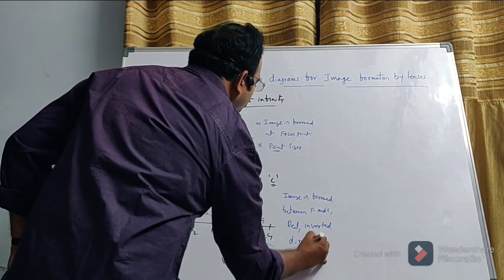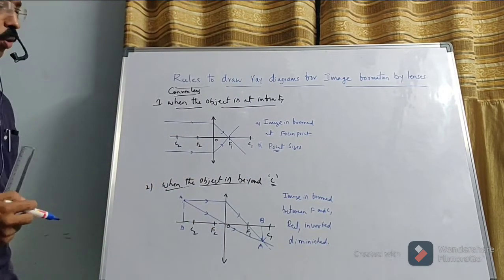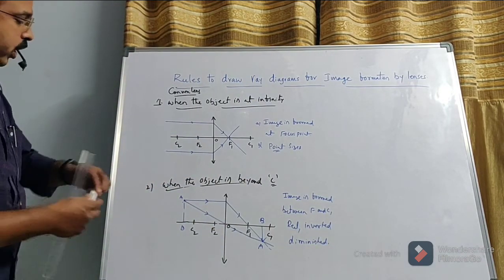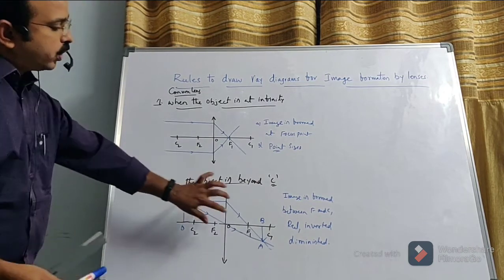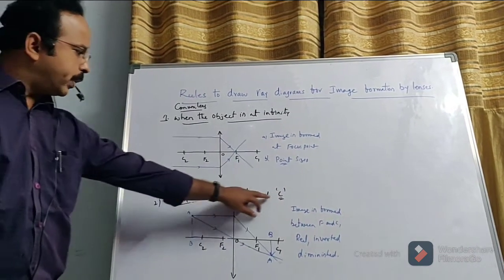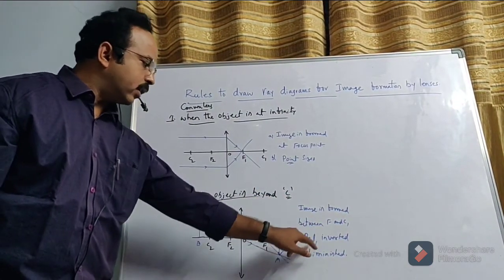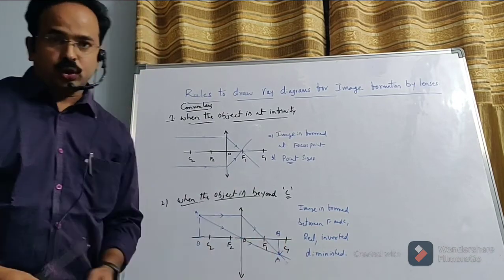Very important. Diminished means decreased size. Initially it was this much, and afterwards it formed very small. When the object is beyond C, the image is formed between F and C, and it is real, inverted, diminished.